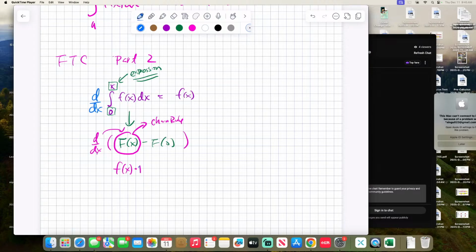Most people are going to miss this 1 and don't think that's significant, but the 1 is super significant, because it's going to be minus f of 0 times 0. Anything times 0 is 0, and that's why it's equal to f of x. However, for the question I'm going to give you, the boundary is not x. The boundary is going to be some other function besides x.